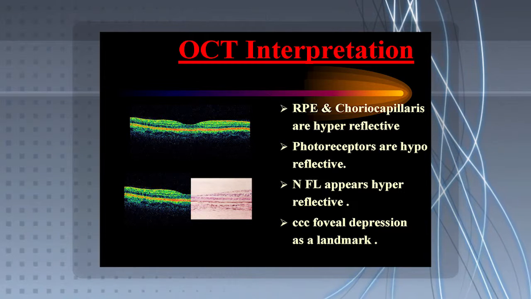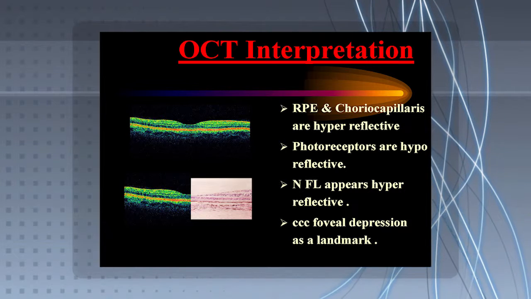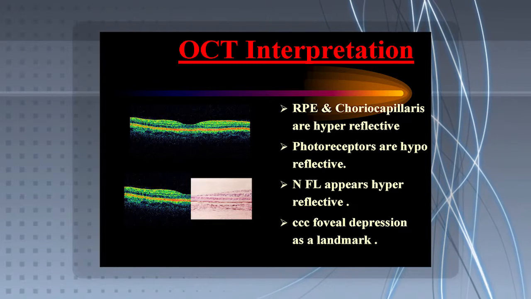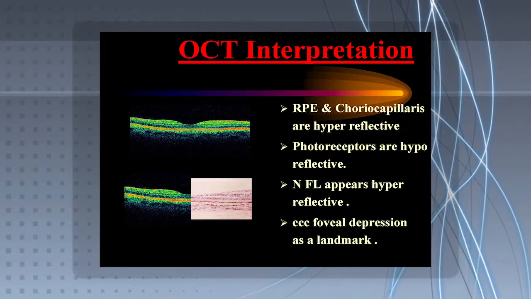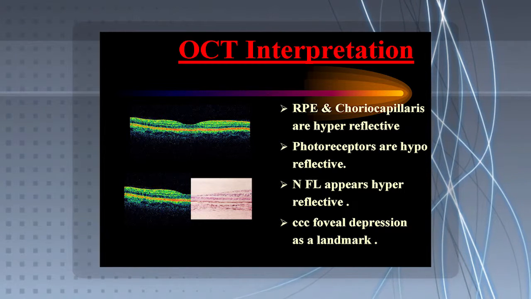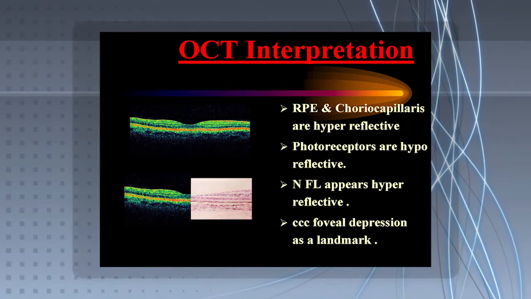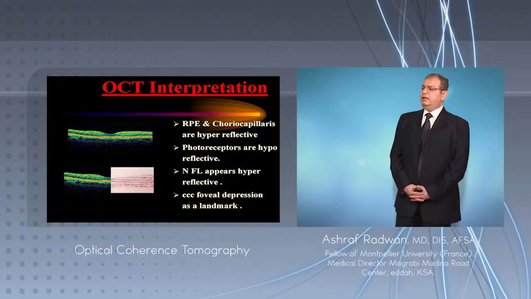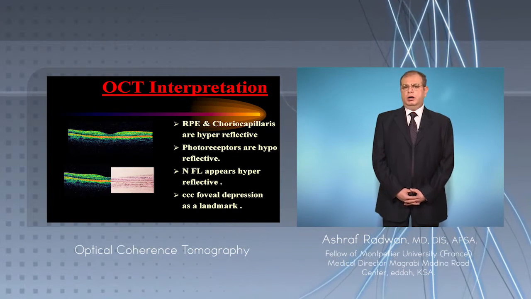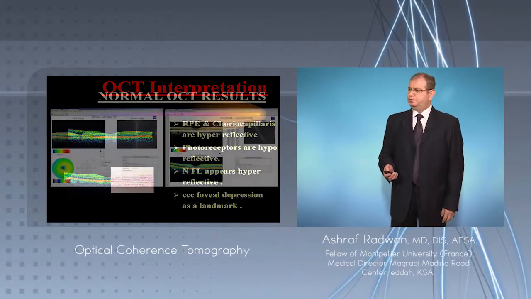We can see the retinal pigment epithelium and the choriocapillaris are hyperreflective, and on the upper part of it we can see the hyporeflective line representing the photoreceptor layer, and the nerve fiber layer appearing as a hyperreflective area over the photoreceptor layer, and a very characteristic foveal depression, which acts as a landmark for the macula in our OCT images.